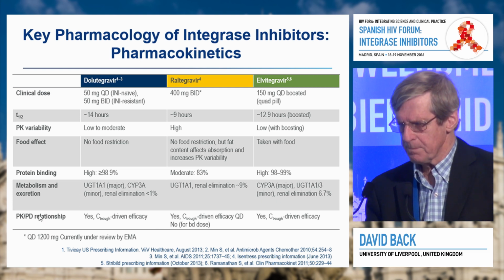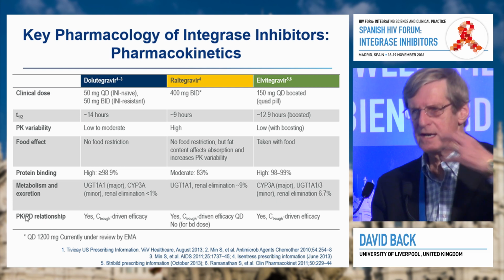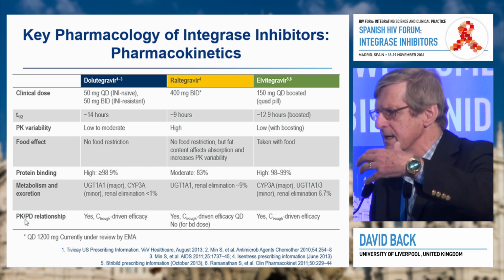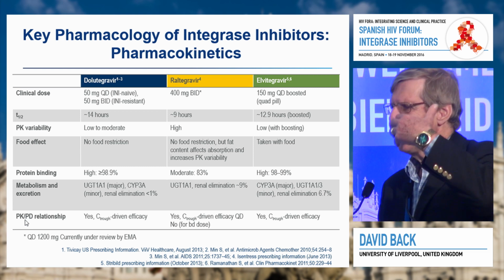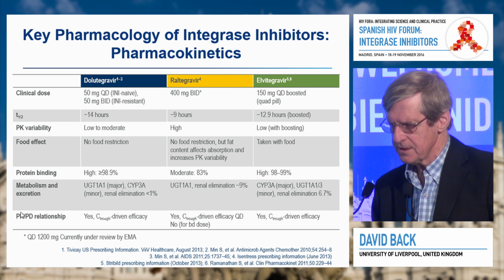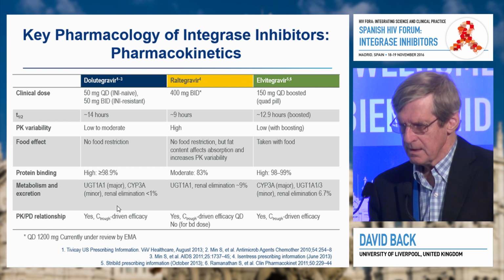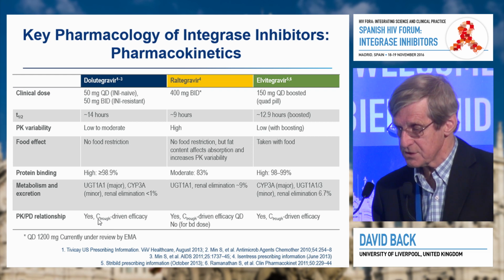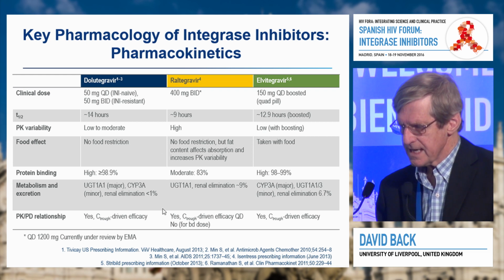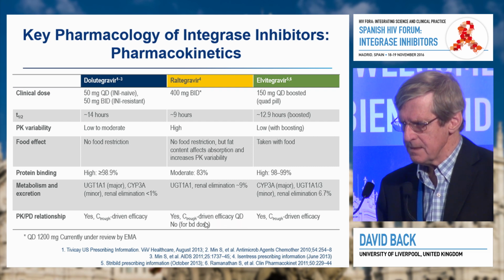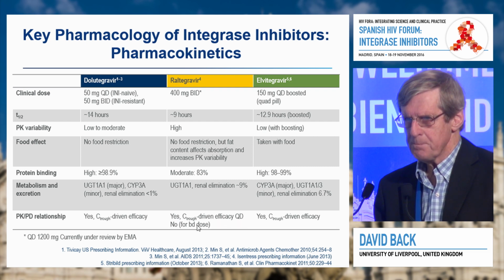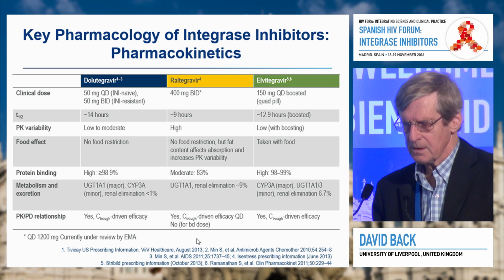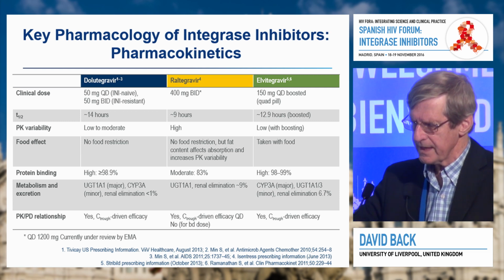And this point down the bottom: is there a relationship between the drug, its concentration, and what it does at its site of action, its PK/PD? For dolutegravir, we say yes, it's driven by the trough concentration. For raltegravir, we say yes for the once daily, no for the BID dosing, and we'll look at why that is.